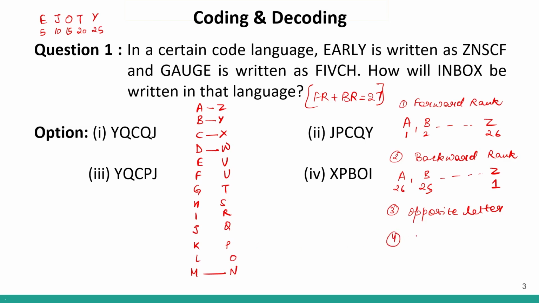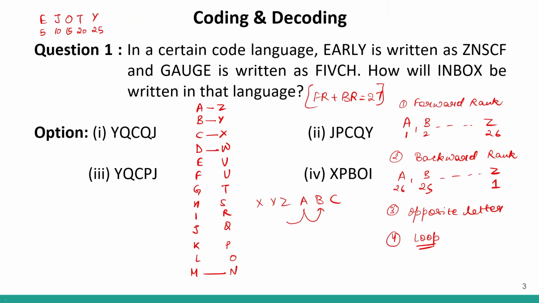And the fourth concept that we use is of looping. What do you mean by looping? Looping basically means that, for example, if I have to go one position forward from A, I can simply go to B, correct? But what if I have to move one position backward from A? We do not have any alphabet before A, correct? A is the first alphabet.